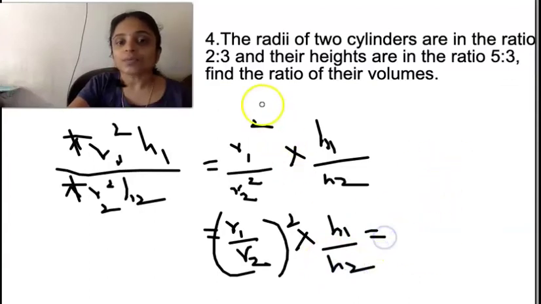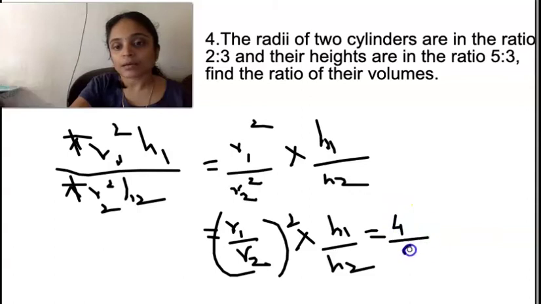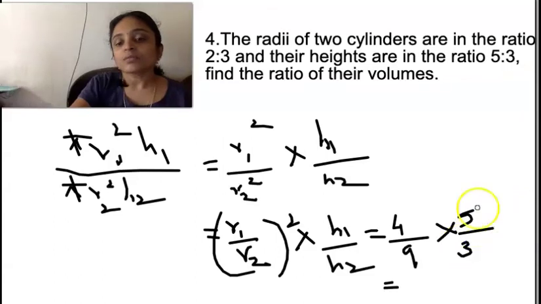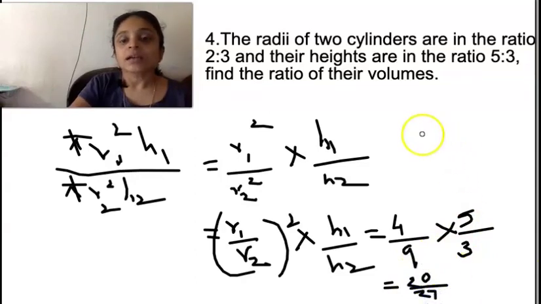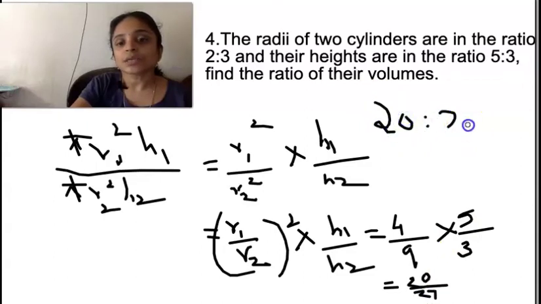Given that radii of two cylinders are in the ratio 2:3, R1 square by R2 square equal to 2 by 3 whole square, which is equal to 4 by 9. And heights are in the ratio 5:3, so H1 by H2 equal to 5 by 3. So the product is 20 by 27. That is, ratio of their volumes is 20:27.